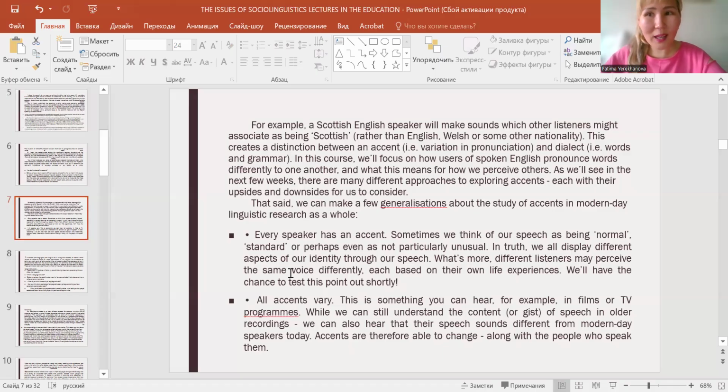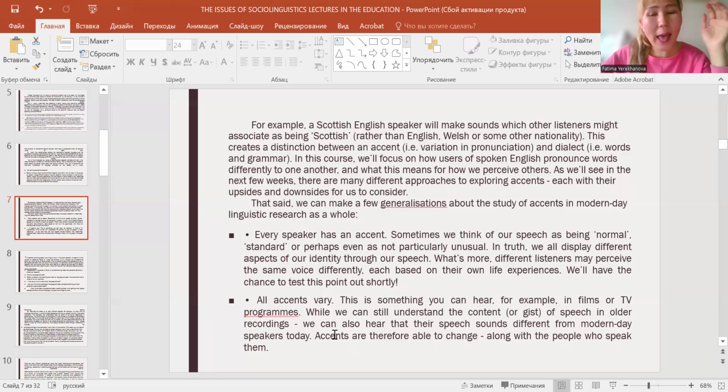This is a very common case, because each one has his or her own life experiences, and based on this, they might perceive our accent in different ways. This is also very important. We'll have the chance to test this point out shortly.